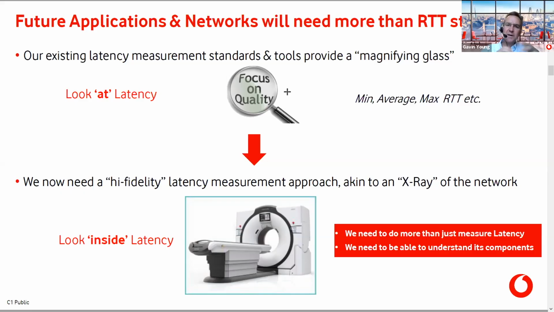But really we wanted something that was going to give us much deeper insight. We wanted a high fidelity measurement approach, something more akin to an X-ray of the network, to not just look at latency, but look inside latency and dissect it and understand the root causes and the various elements. Not just measure it, but get into those constituent components.